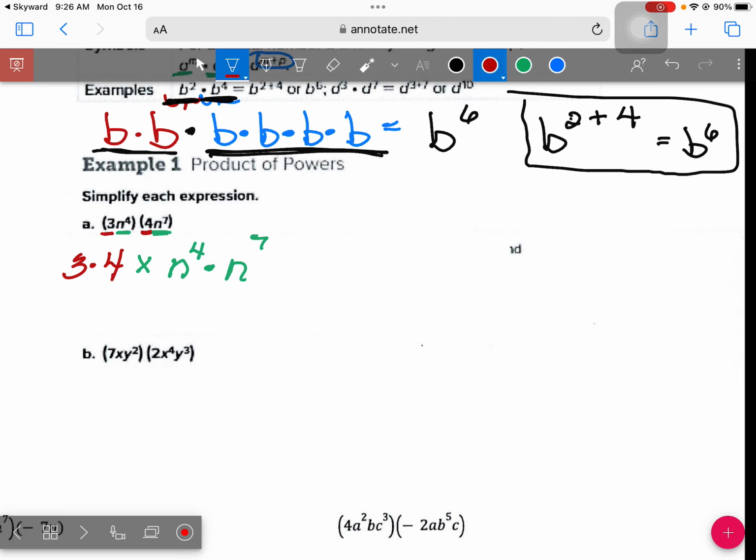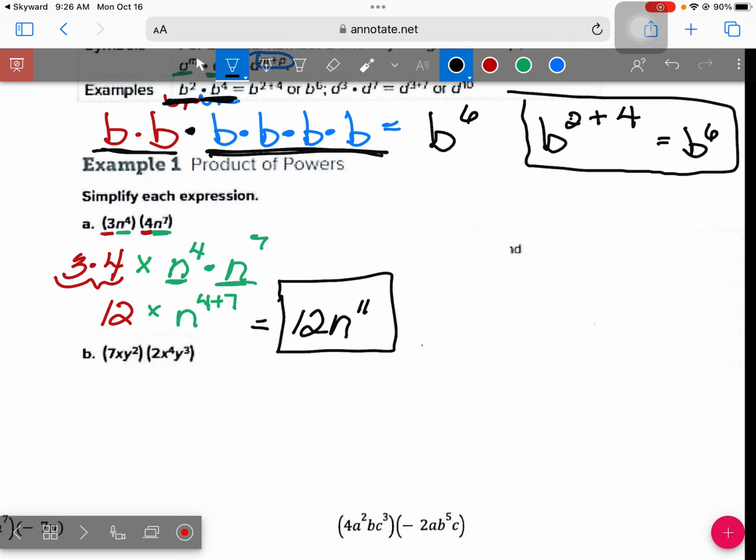I can multiply 3 times 4 and get 12. And I can multiply these powers that have the same base. n to the 4th times n to the 7th is n to the 4 plus 7. And then putting it all together, 12 times n to the 4 plus 7 is n to the 11th. That is your simplified expression.